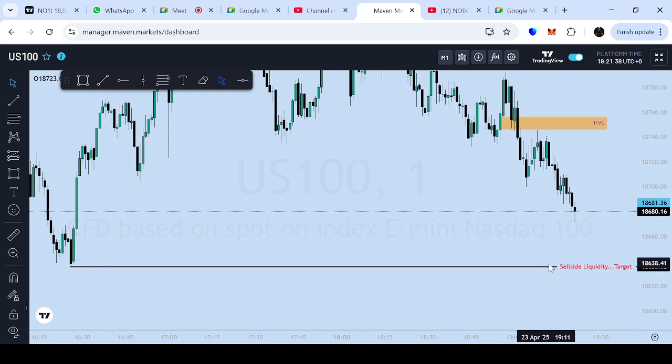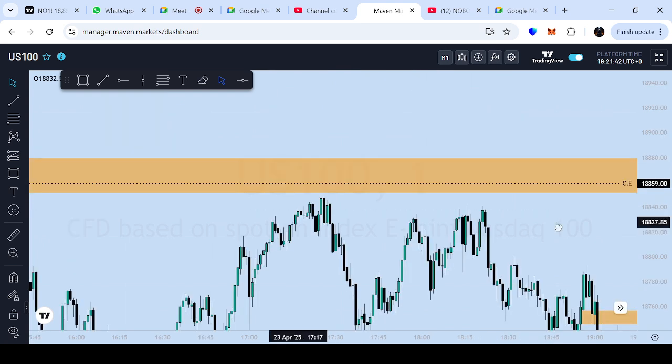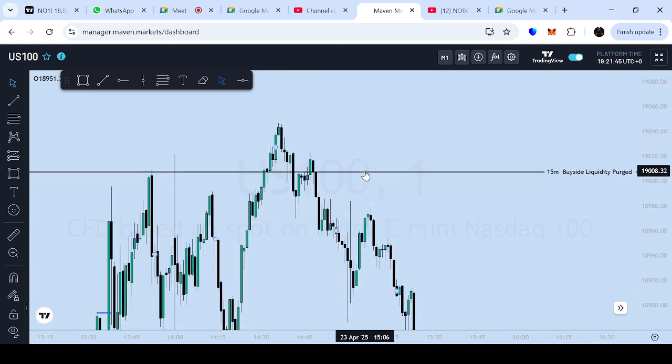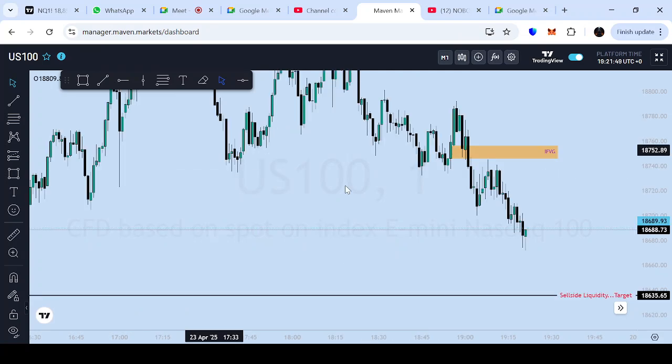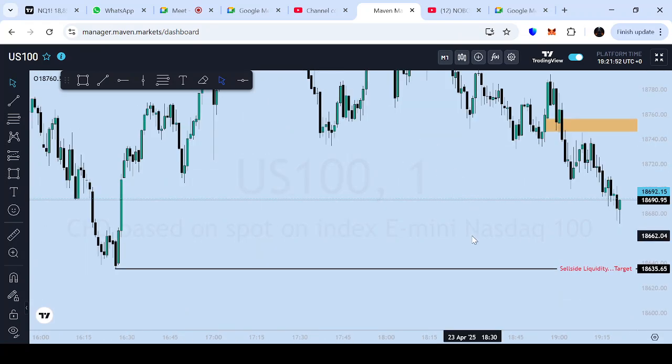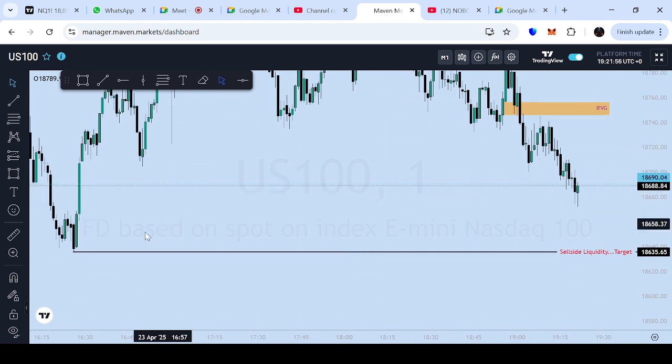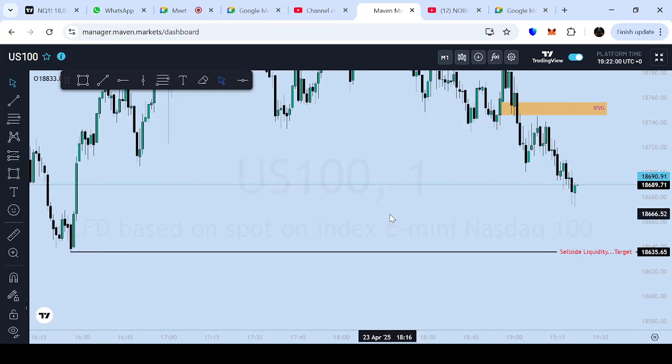It's going to seek for this liquidity here. 15 minutes buy side liquidity have been swept. So the algo is going to engineer price, going to seek for a liquidity. Have a liquidity here, that's sell side liquidity.